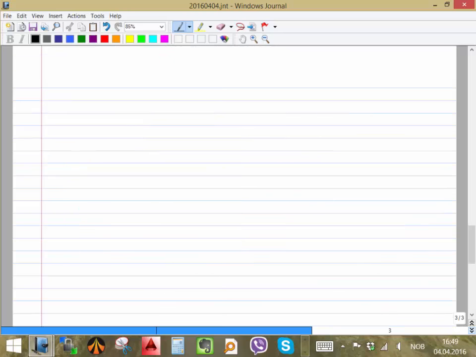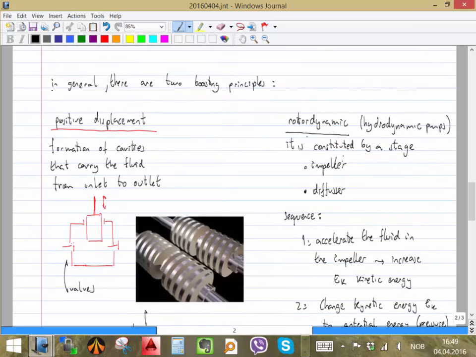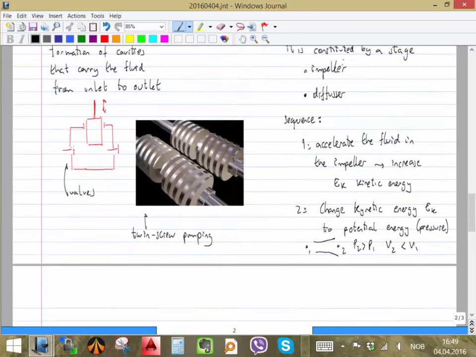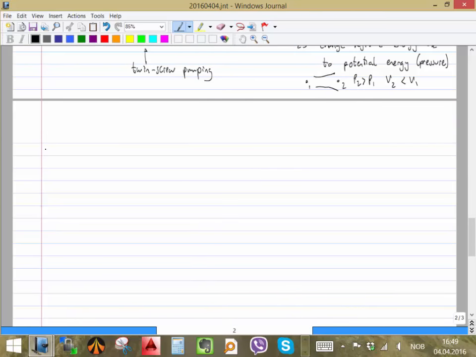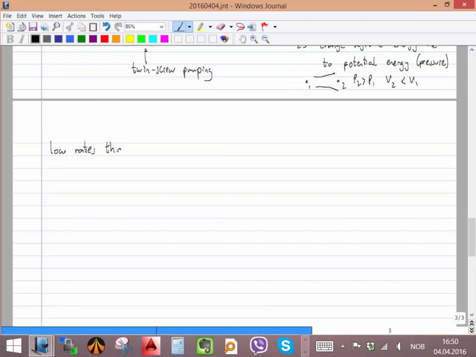Some characteristics of these two pumps: this particular pump, the twin screw pump. Yeah, let's finish first with the twin screw pump. Usually it is for lower rates than hydrodynamic pumps. But one good thing that it has is that the delta P can be higher than hydrodynamic pumps.